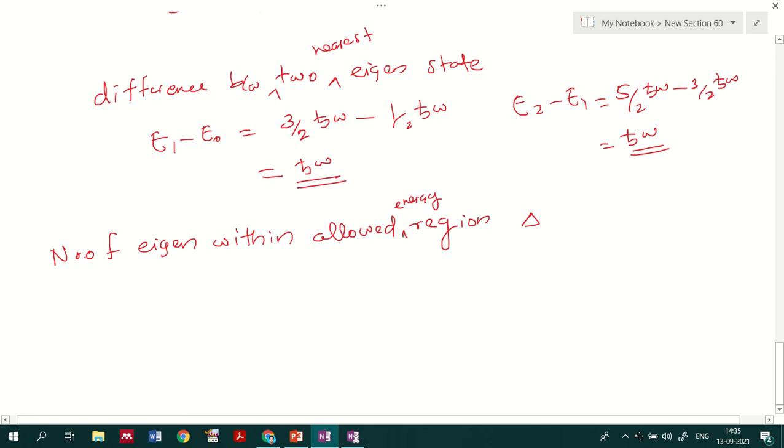the number of eigenstates, okay, so let me just rewrite it.